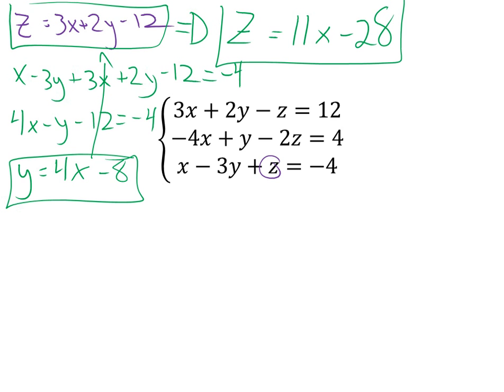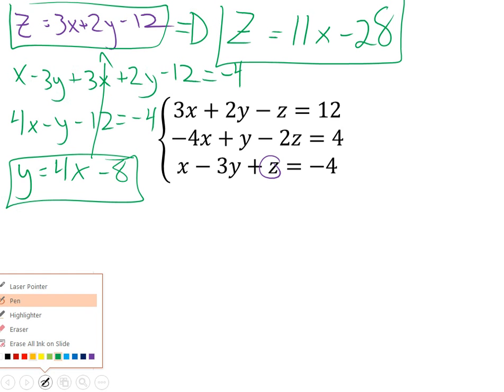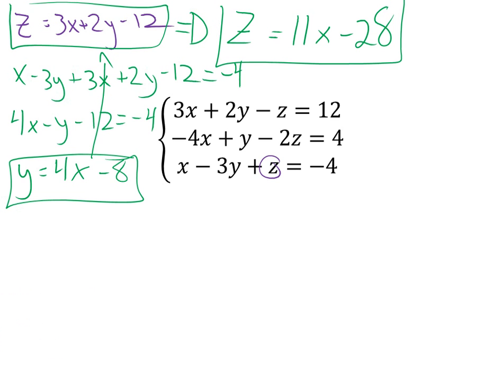Okay, so now I'm going to take those two and plug them into the equation I haven't used yet. I've used this equation, that was my first one, and I used this equation, that was my second. So now I'm going to use the last one.